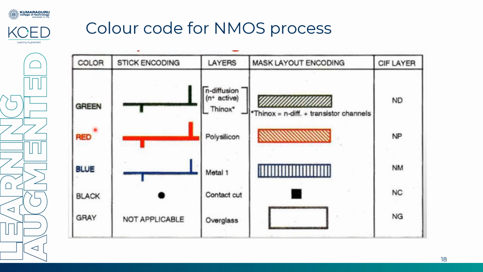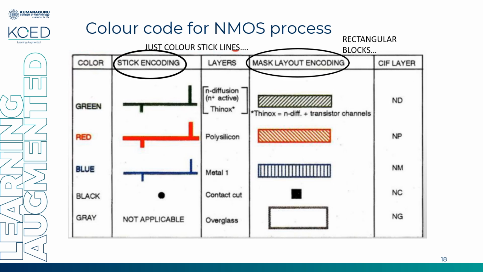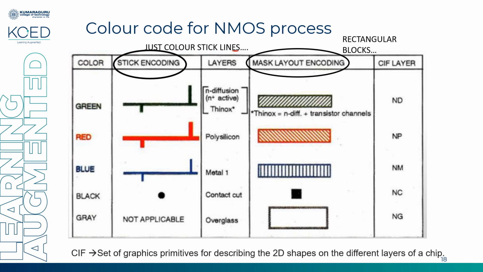The same color using rectangular blocks is defined. For contact cuts, a black dot will go for stick diagram, and a black color square will go for layout representation. So for stick encoding, just color stick lines, and for mask layout encoding, it is rectangular blocks.